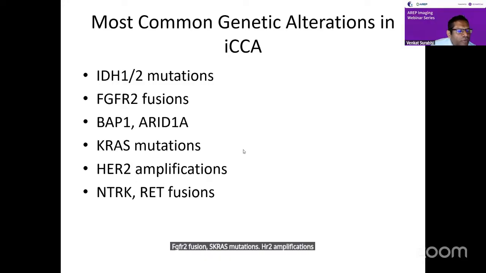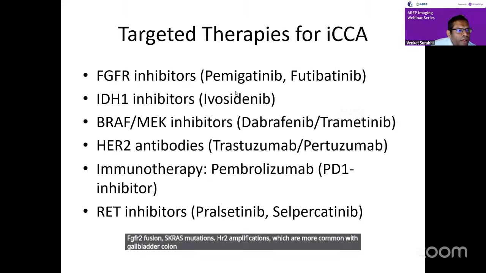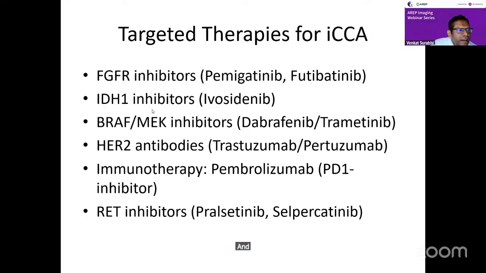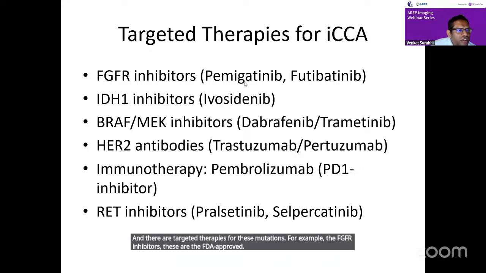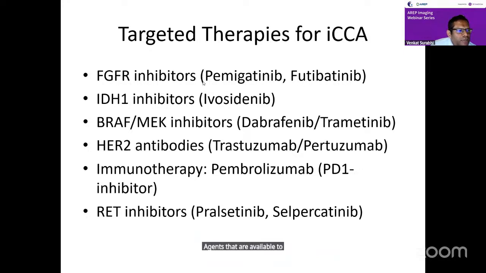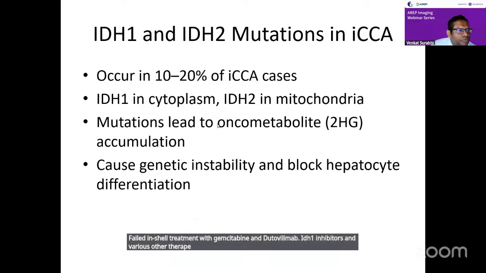These are more common with gallbladder cancer. And there are targeted therapies for these mutations. For example, the FGFR inhibitors are FDA-approved agents available to treat these patients as a second line after failed initial treatment with gemcitabine and durvalumab, IDH1 inhibitors, and various other therapeutic options.